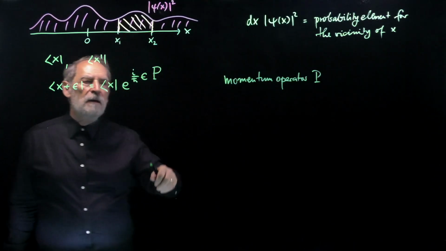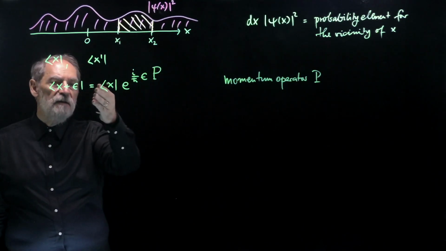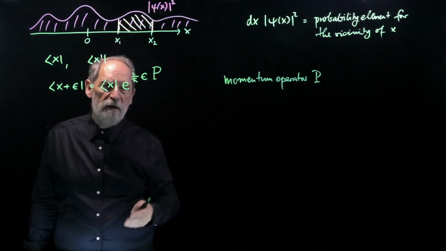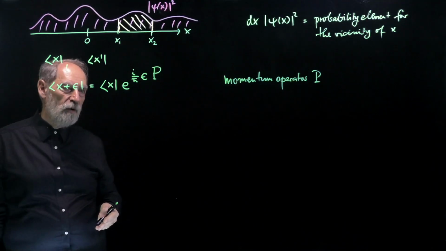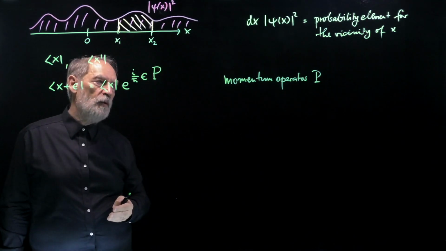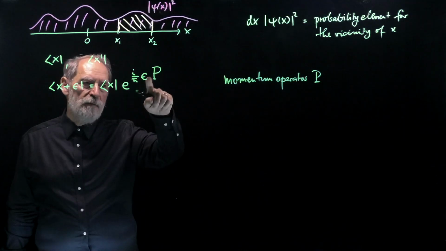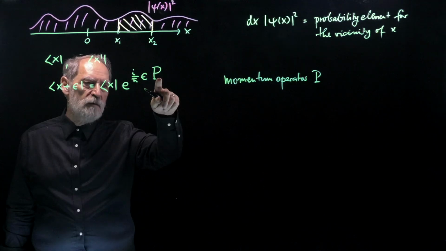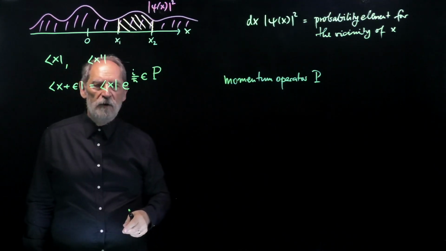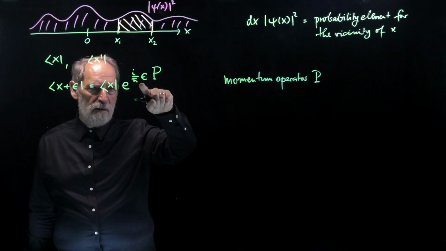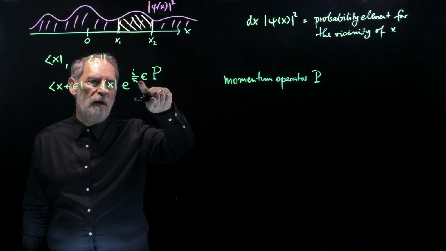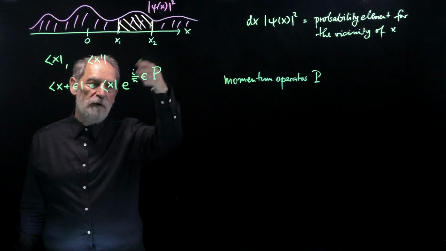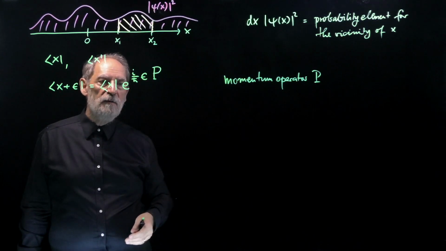Remember when we were talking about changing time by a small increment, we had the energy, the Hamilton operator. Now we're changing the position by a small amount, and that goes with the momentum operator. Epsilon is an increment in position, so this is a length times momentum. That has the metrical dimensions of an action, so we divide by Planck's quantum of action, h bar, to make sure that the argument of the exponential function does not have a metrical dimension, it's just a number.